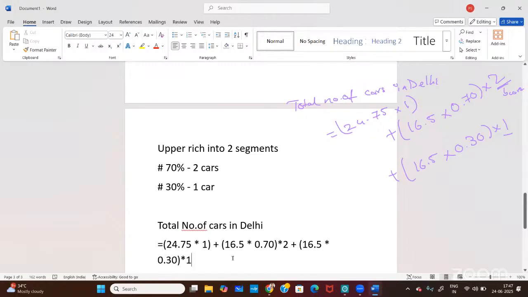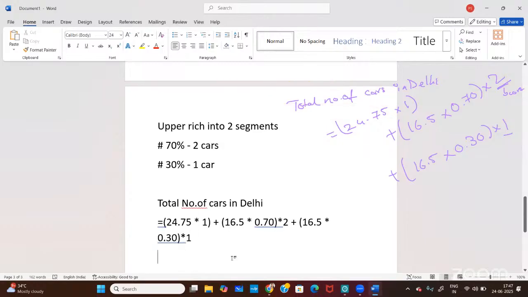So when I calculate, what will I be getting? I'll be getting 24.75 plus 16.5 into 0.70, which is 11.55, into 2, plus 16.5 into 0.30, which is 4.95, into 1.